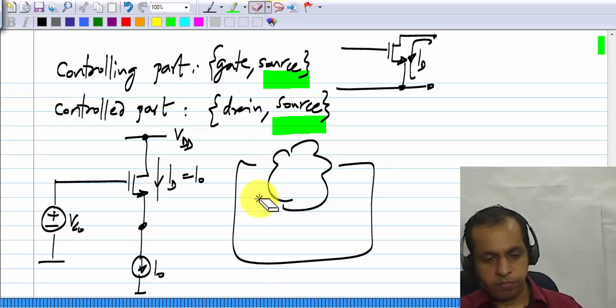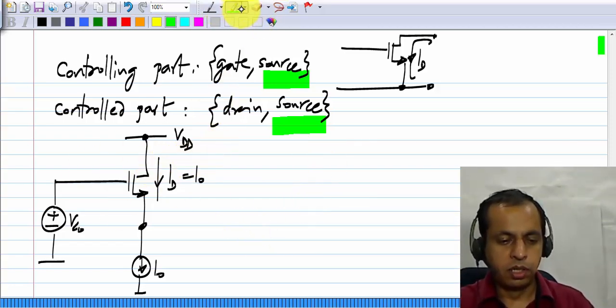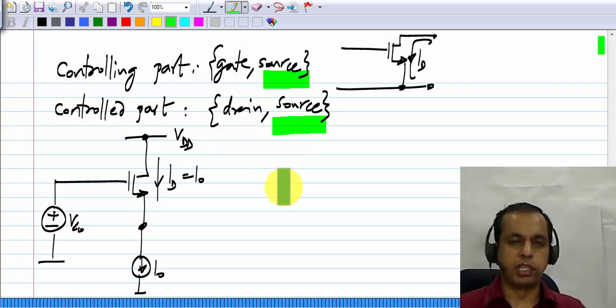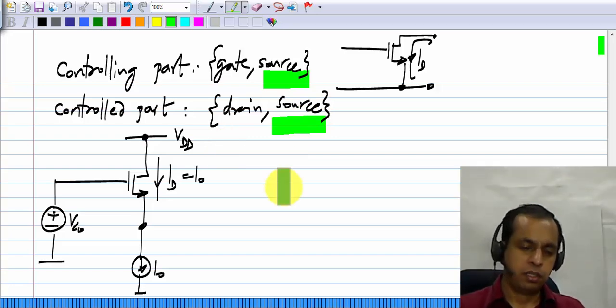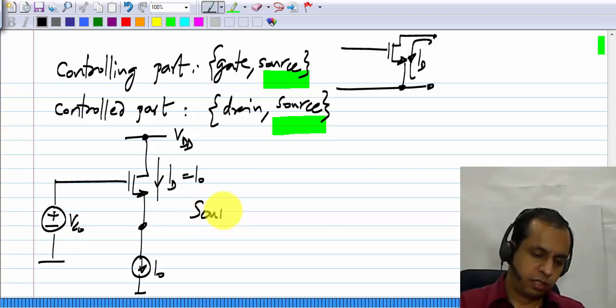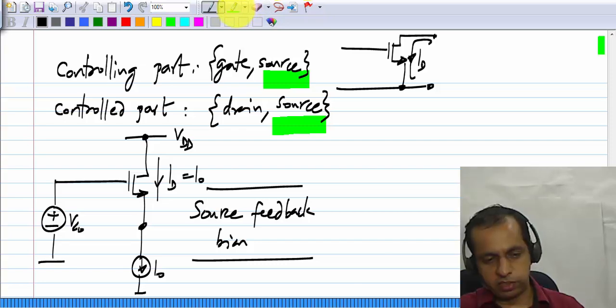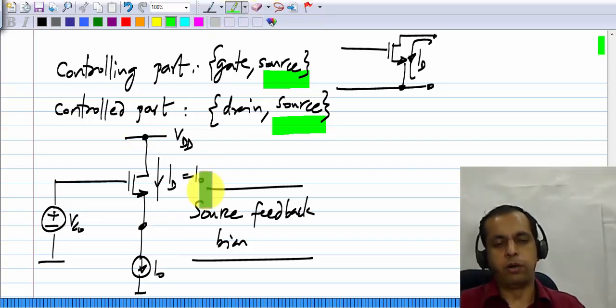Here the feedback is internal to the transistor. The source being part of both the controlling and control side accomplishes feedback, and this type of biasing naturally is known as source feedback bias. It's a very popular way of biasing the circuit. It's very simple and used quite a lot.